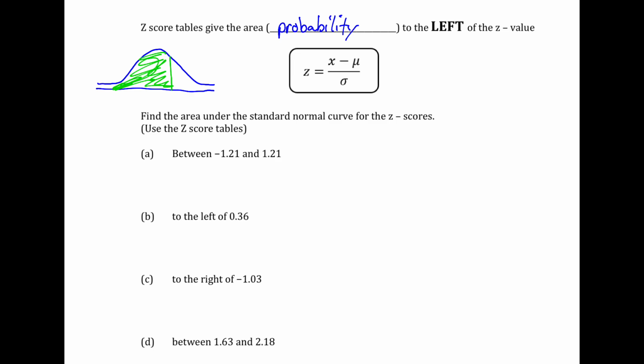So when we do the z-score tables, it's measuring all the way up to that point. So it's always measuring the left side up to that point, which is why the z-score table starts at basically 0 and goes up to 1, right? All the z-score probabilities go from 0 to 1. In other words, from none to all.